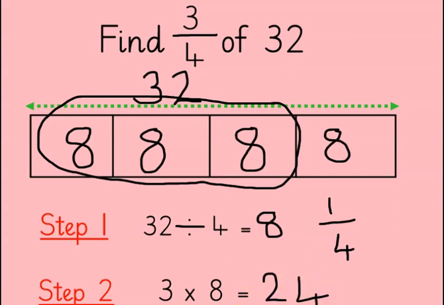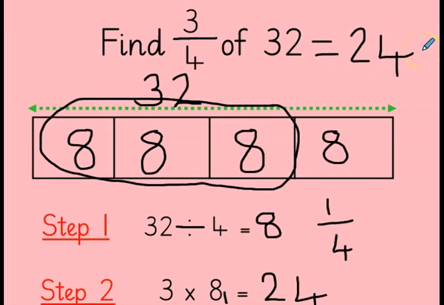So 3/4 of 32 equals 24. Now if we recap on what we've just done, for step 1 we divided 32 by our denominator to find a unit fraction, which was 8, and then for step 2 we multiplied 3 of those unit fractions together by the numerator to get 24.